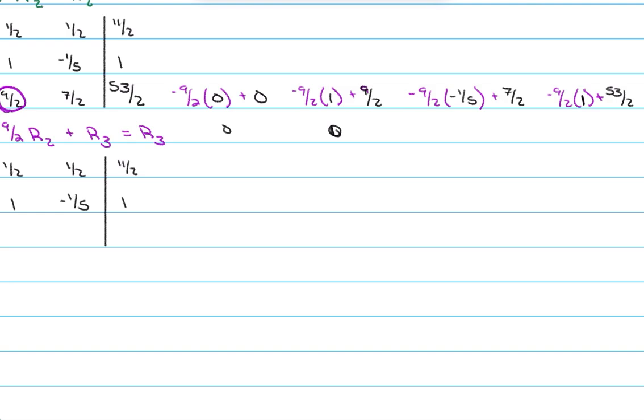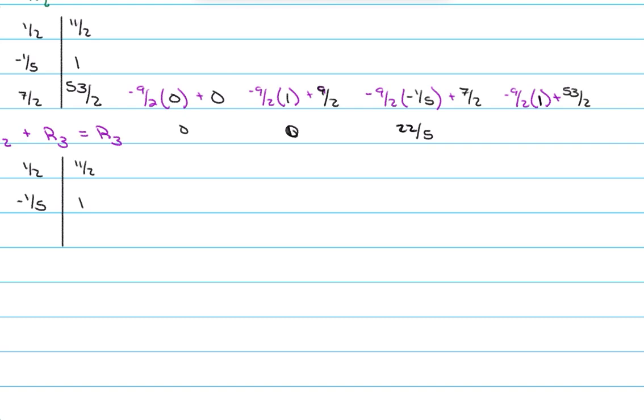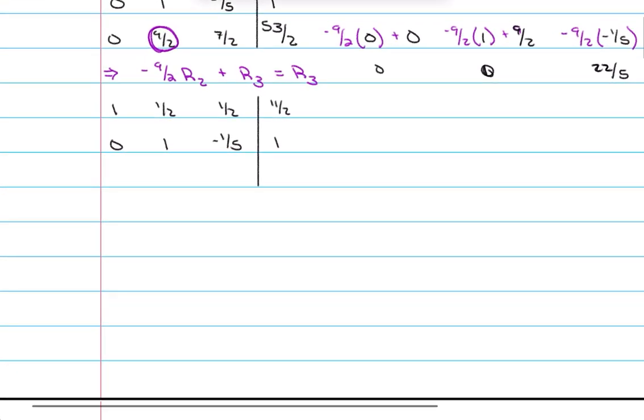That ends up being 22 fifths. And then I have negative 9 halves times 1 plus 53 halves is equal to 22. Okay, so that's my new row 3. So I've got 0, 0, 22 over 5, and 22.